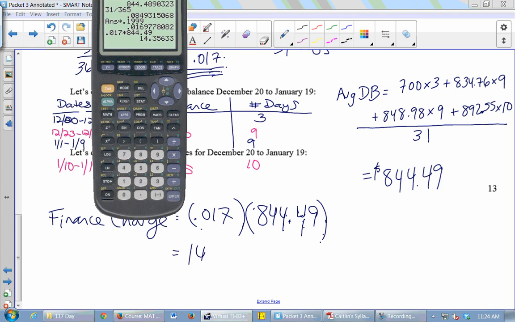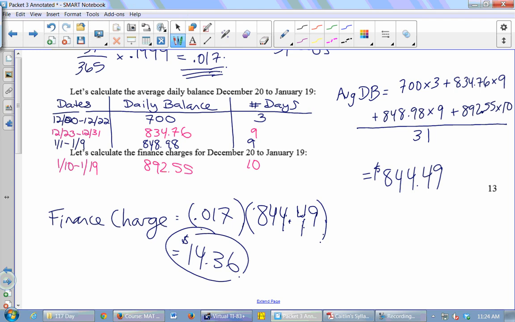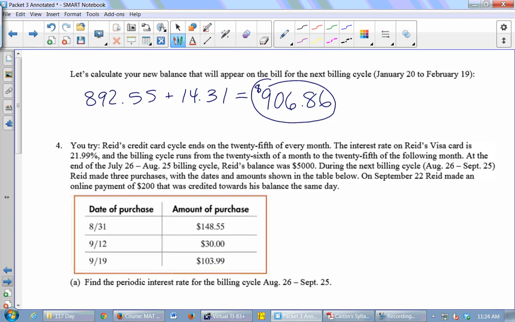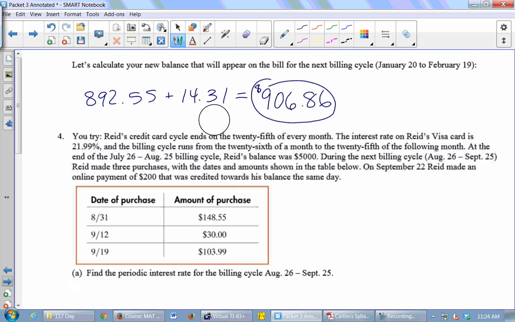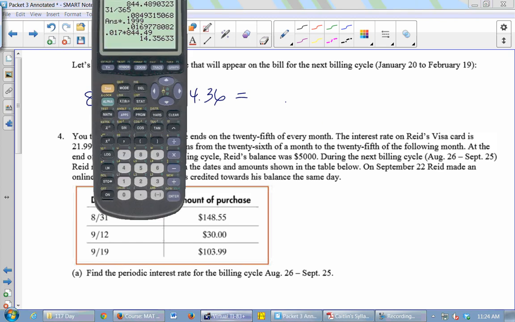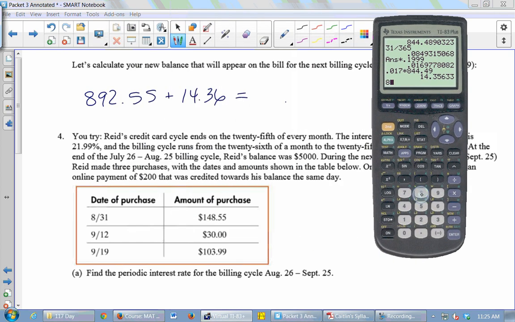14.36. Now that 892, yeah, that's right. 892.55 plus 14.36 is 906.91.